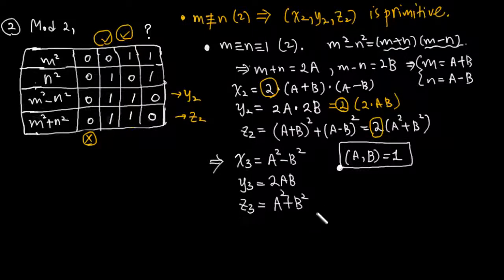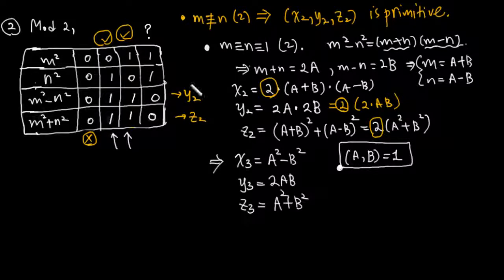So if you keep repeating this process of eliminating the potential common factor of 2 in here, keeping this condition, you eventually get down to this condition in here. Because if a and b are both odd, then there is still going to be a common factor of 2 after you get rid of it.